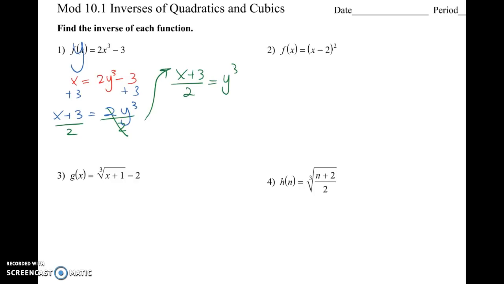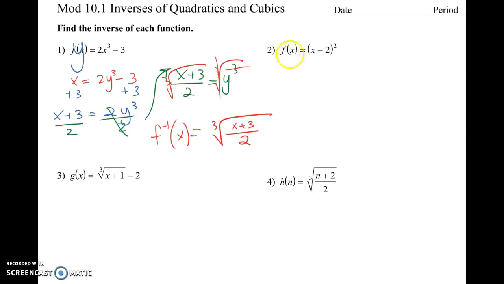So I'm going to take the cube root in order to get rid of the cube. My cube root and my cube cancel each other out, and I get that my inverse function is the cube root of (x plus 3) over 2.